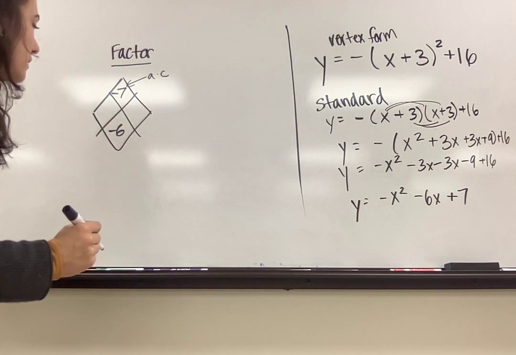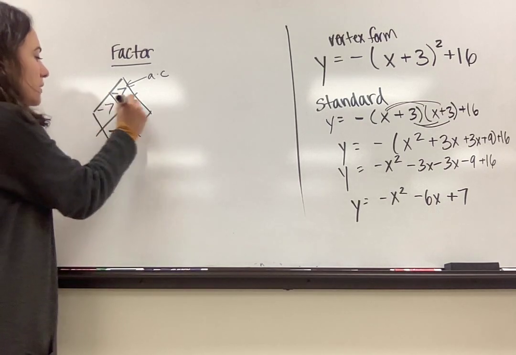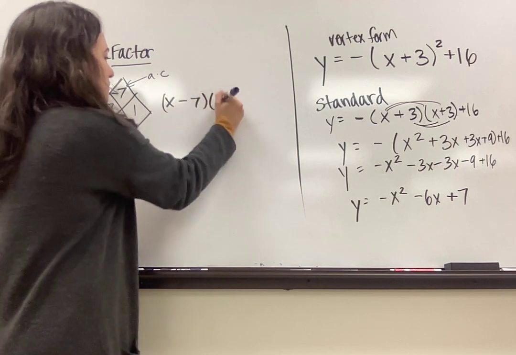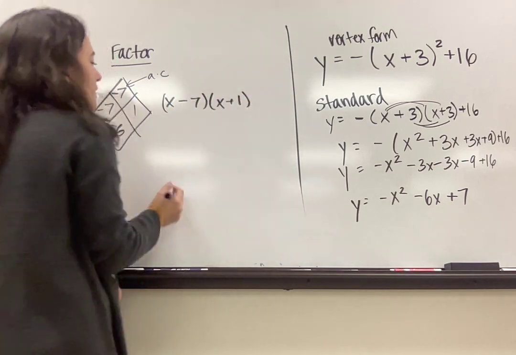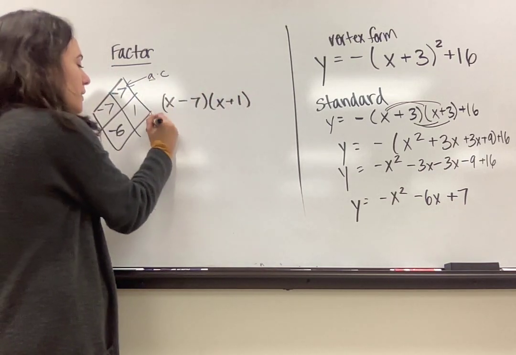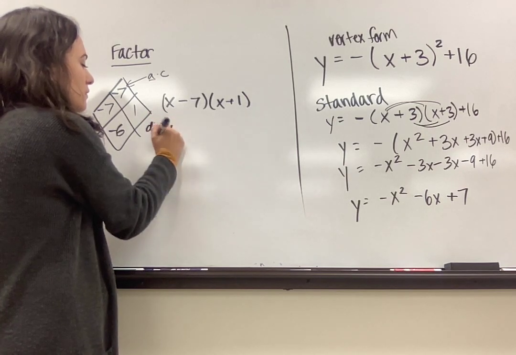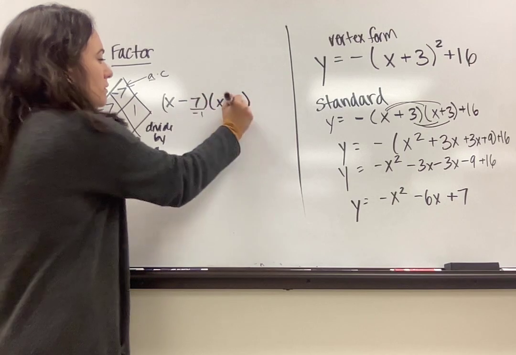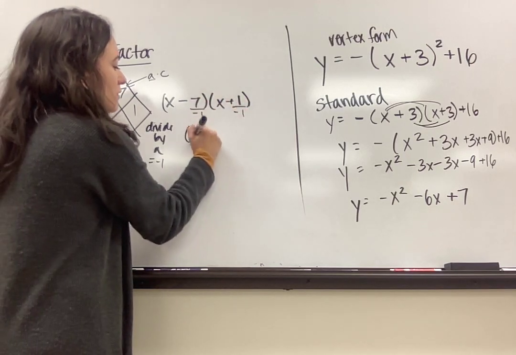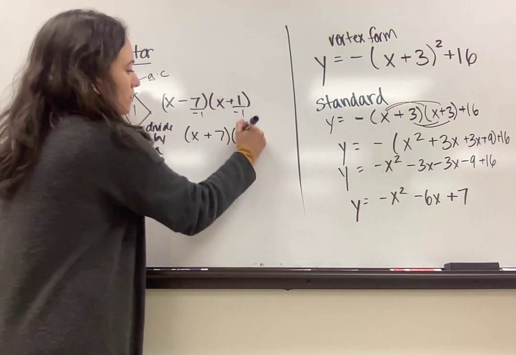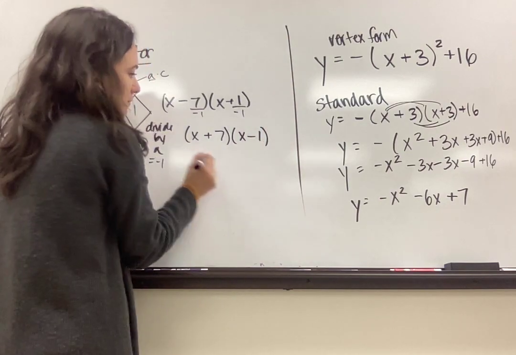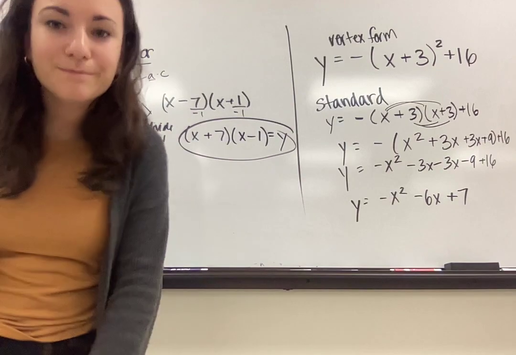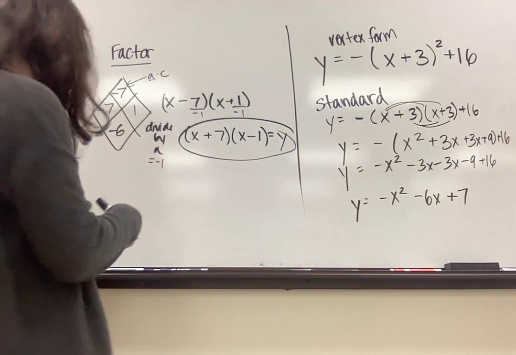Multiply to make -7, add to make -6: -7 and 1. And then we multiply by a, divide by a, which equals -1 in this case. And that's your factored form. Woo!